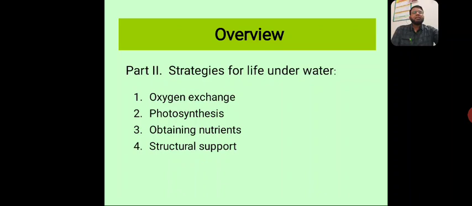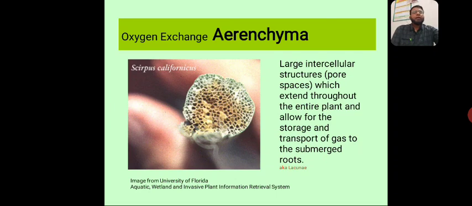Strategies for life underwater: oxygen exchange takes place, photosynthesis also takes place, obtaining nutrients, and structural support. Here, internal structures are developed to make the plants light in weight: large intercellular structures and pore spaces which extend throughout the entire plant and allow for the storage and transport of gas to submerged roots.